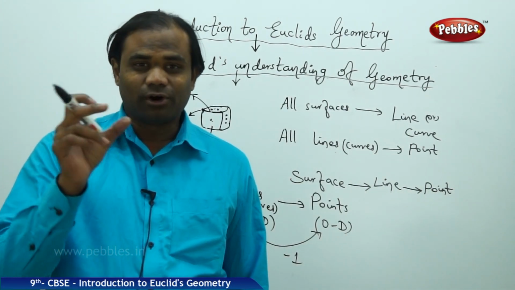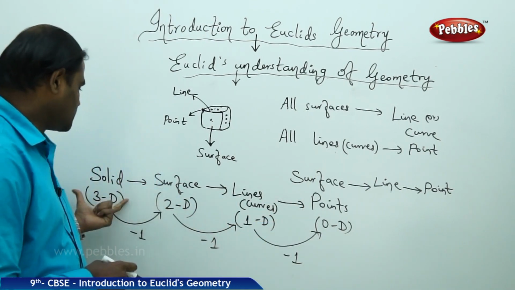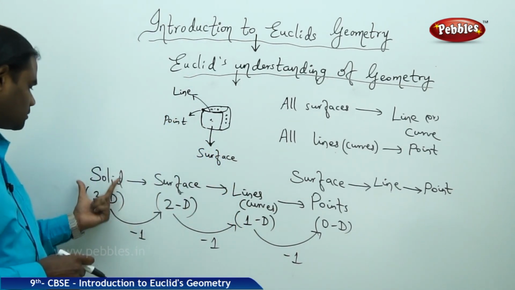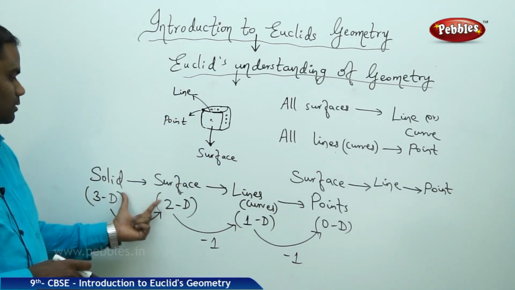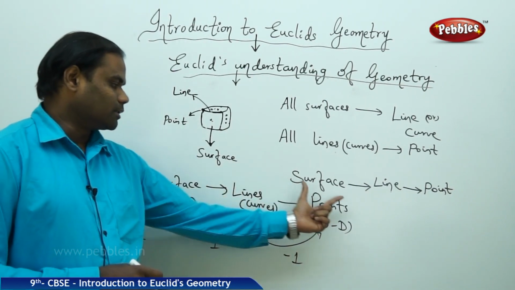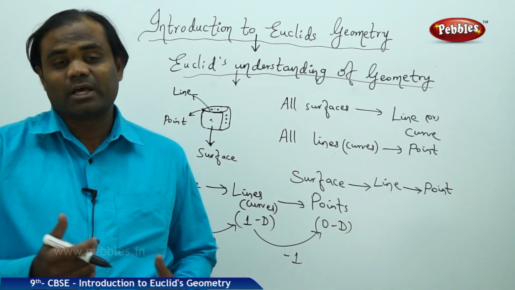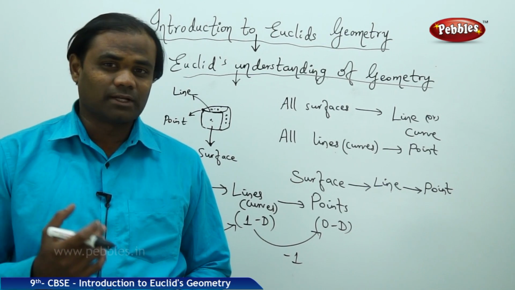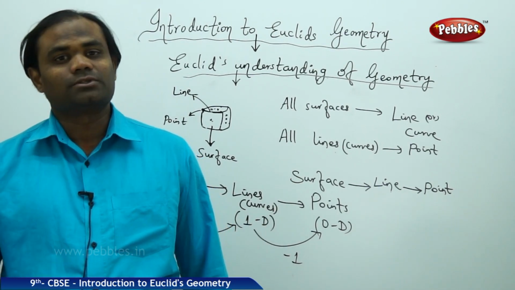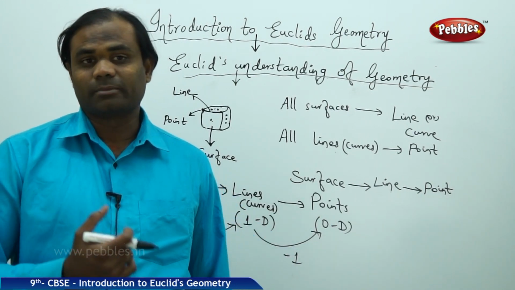So the dimension of the specimen gets reduced by 1 unit as it gets reduced to a point. Solid, 3-dimensional reduces to surface, which is 2, the line, which is 1, and then to the point, which is of 0 dimension or no dimension, is how we understand the concept of a solid structure reducing to a point in Euclid's understanding of geometry.